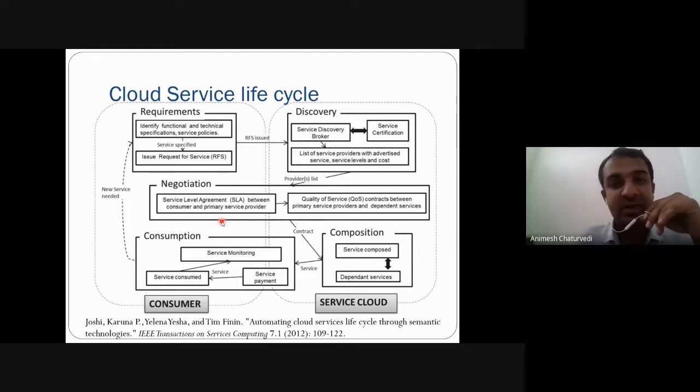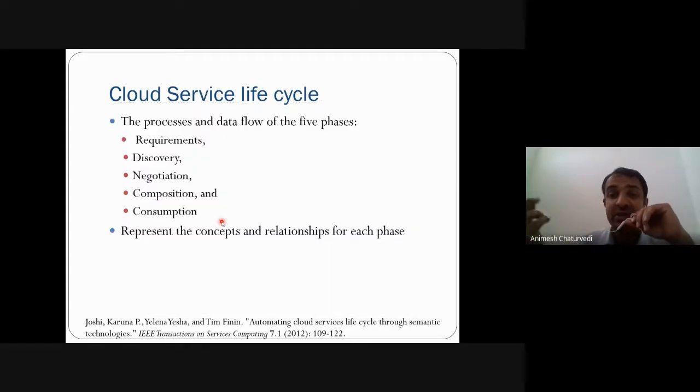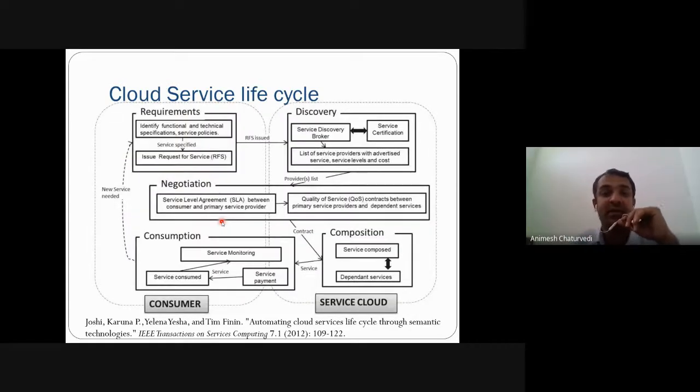In this cloud service life cycle, they show requirement identification, technical requirement specification, and several policies being discussed and requested, and new services being discovered and certified. So these things are mentioned and available.